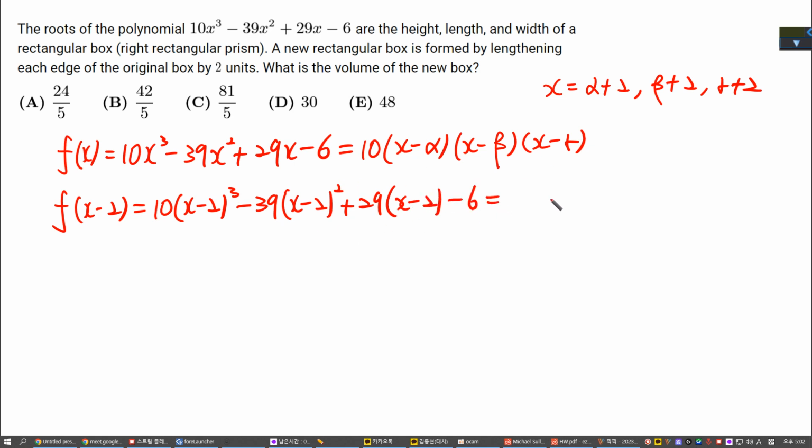And now it will have this alpha plus 2 because of this. If we change this x to x minus 2, now for the x value, for the first parenthesis, it will have alpha plus 2.